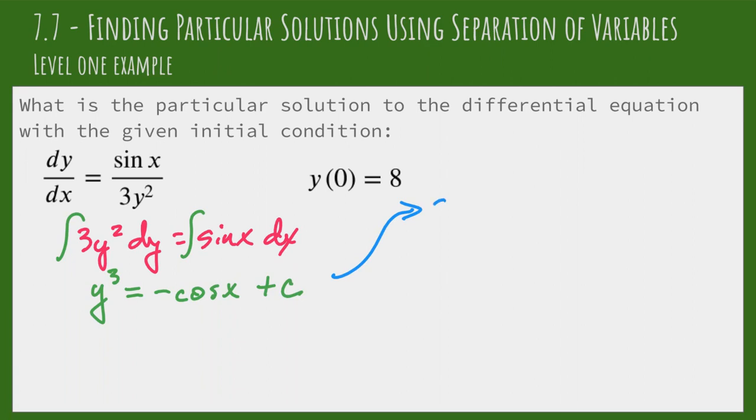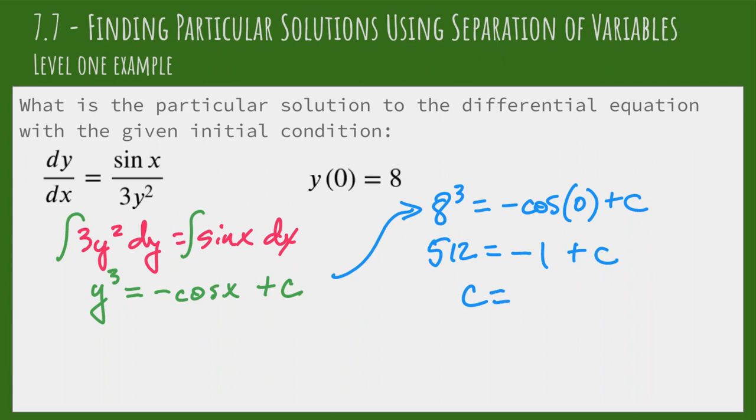So we get 8 cubed is equal to negative cosine of 0 plus c. 8 cubed is 512 equals negative 1 plus c, and c equals 513. So we will plug that back in.